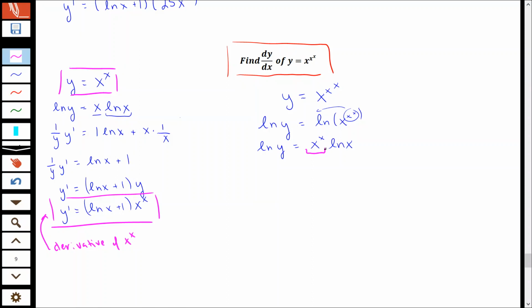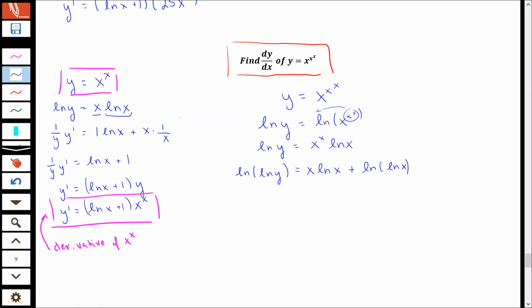But if I didn't know what that derivative was, I'd have to take the ln again. So I'd have ln of ln y is equal to, and this is going to get split because it's multiplication into addition. So I'm going to have x ln x plus ln of ln x.